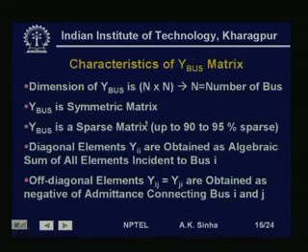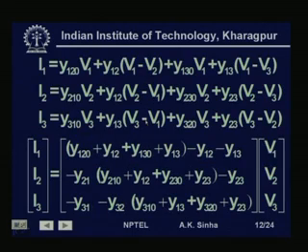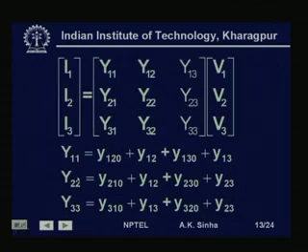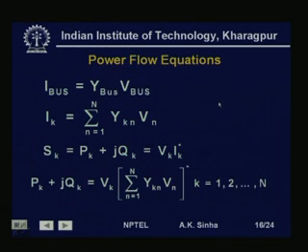That is, if we go back and see here, I2 is equal to y21 into V1 plus y22 into V2 plus y23 into V3. So, it is summation of Ykn into Vn. So, this is what we have written here.